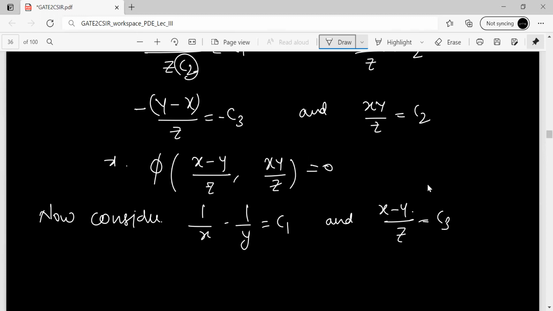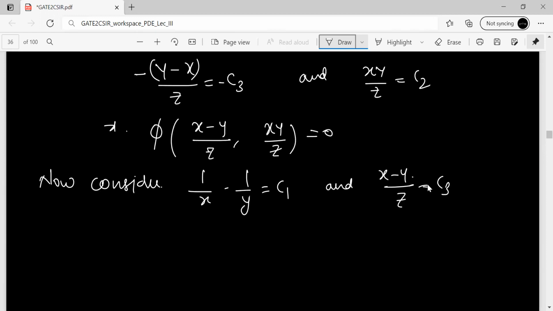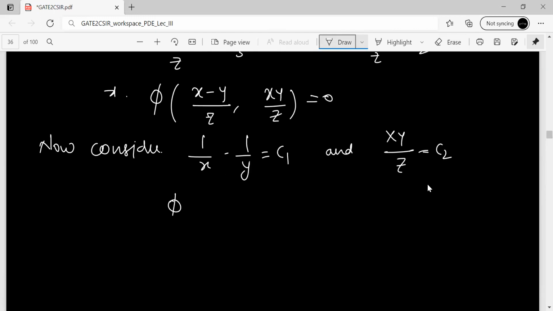Okay, I'll consider them. Right. Not x minus y, it is xy. I take xy equal to c2. From this, I can also construct a function like this: 1 upon x minus 1 upon y times xy over z.